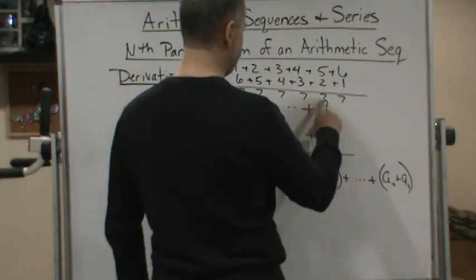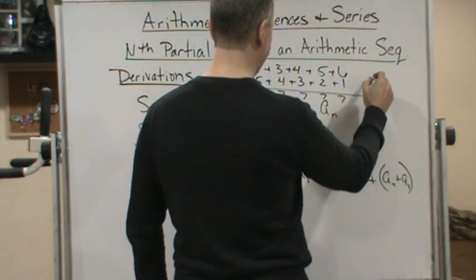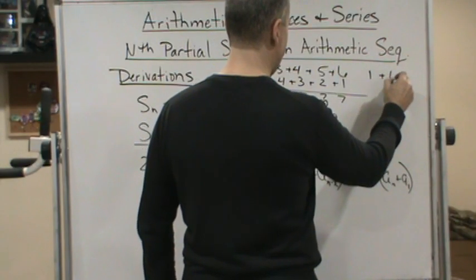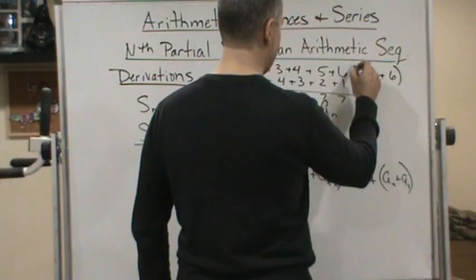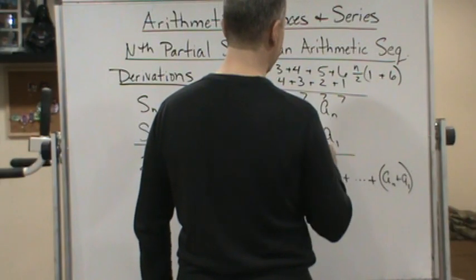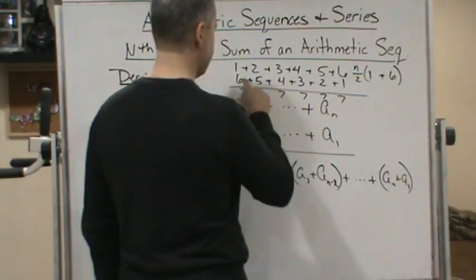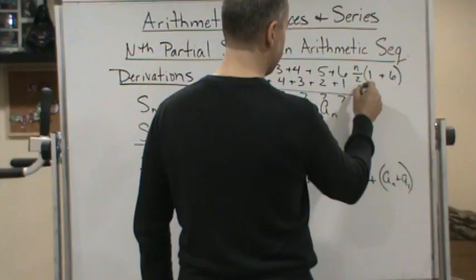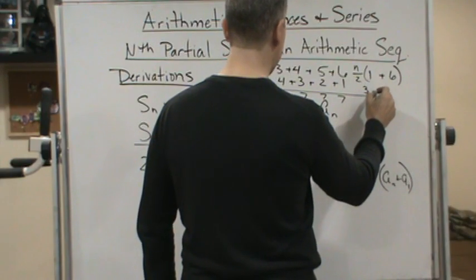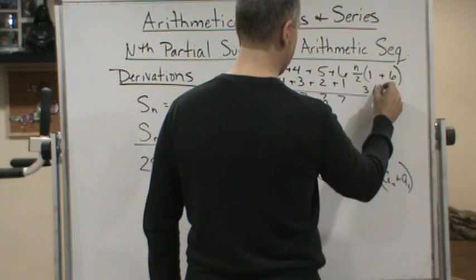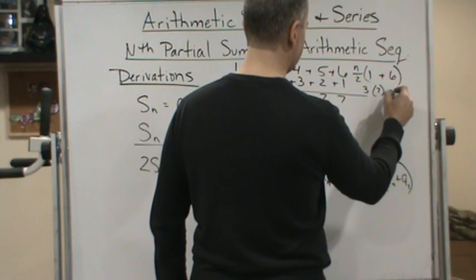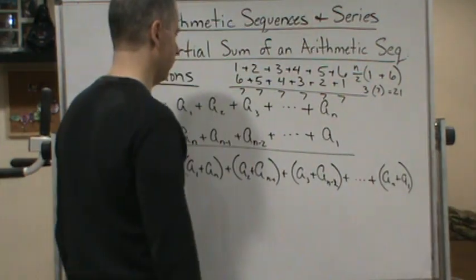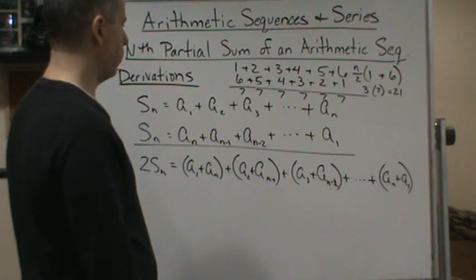And so what this ends up being is what? If I take the first term plus the last term and take n divided by 2, and in this case, n is equal to 6, so 6 divided by 2 is 3, so 3 times 7 is equal to 21.